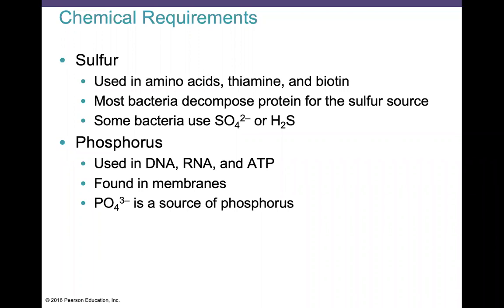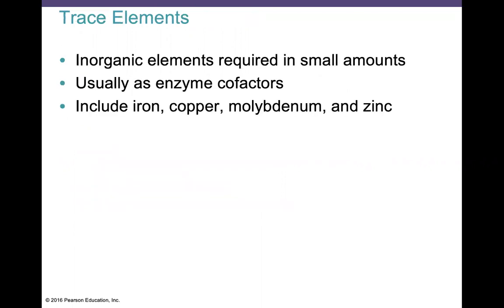The phospho is referring to the phosphorus layer. Phosphate sources are pretty ubiquitous in the environment, and many sources are available for that. Trace elements, as I mentioned, these are inorganic elements that are required in small amounts. Usually they will act as enzyme cofactors, and they can include things such as iron, copper, and zinc.